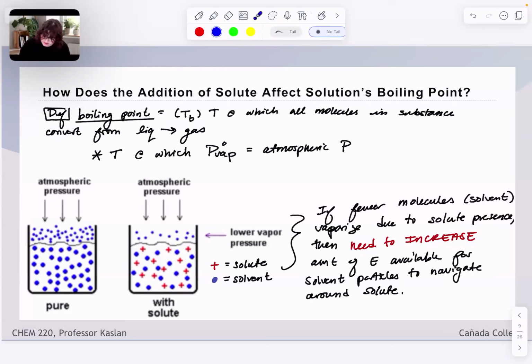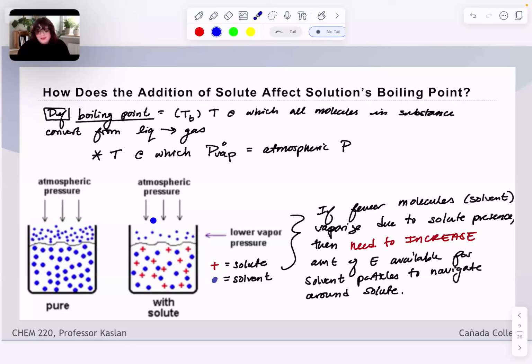So if these solvent particles were moving a little bit more quickly, because we're providing more energy, typically thermal energy, then we can find them statistically more able to make it around that solute particle that's blocking their path and escape into the vapor phase.